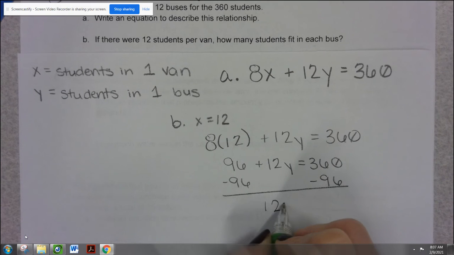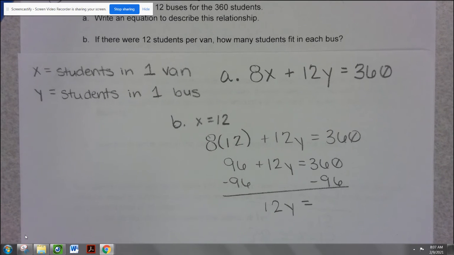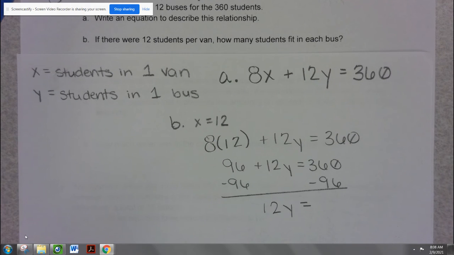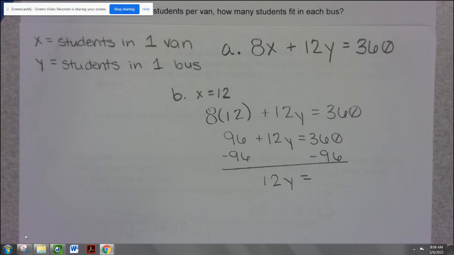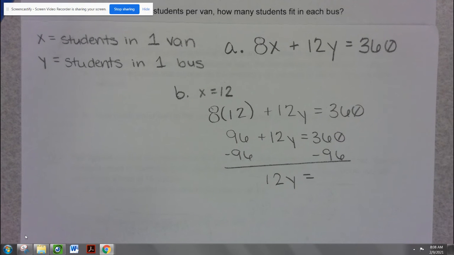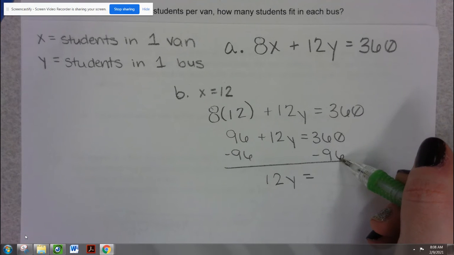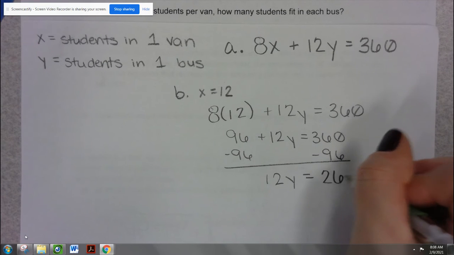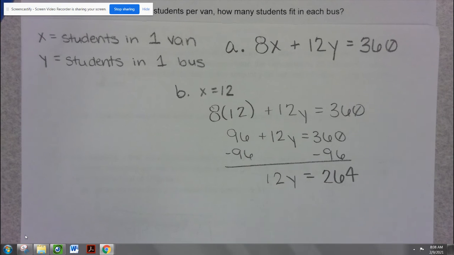So 12Y. Now I have to think. 360 minus 96. Well, if it was 360 minus 100, that would be 260. But this number I'm subtracting is less than that, so my answer is going to be a little bit more. So that would be 264.